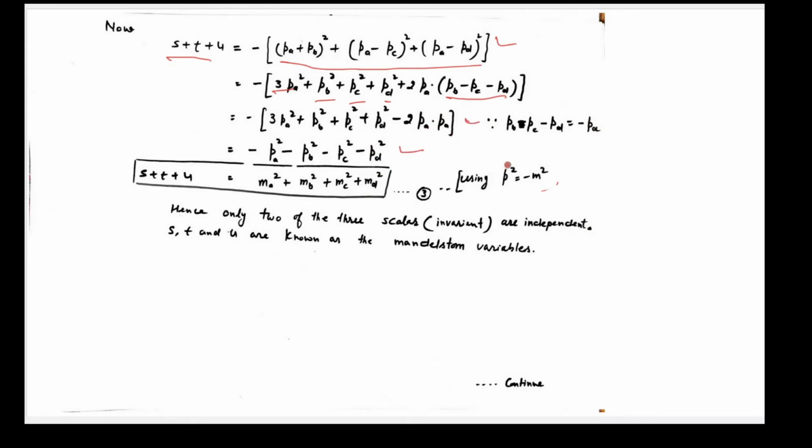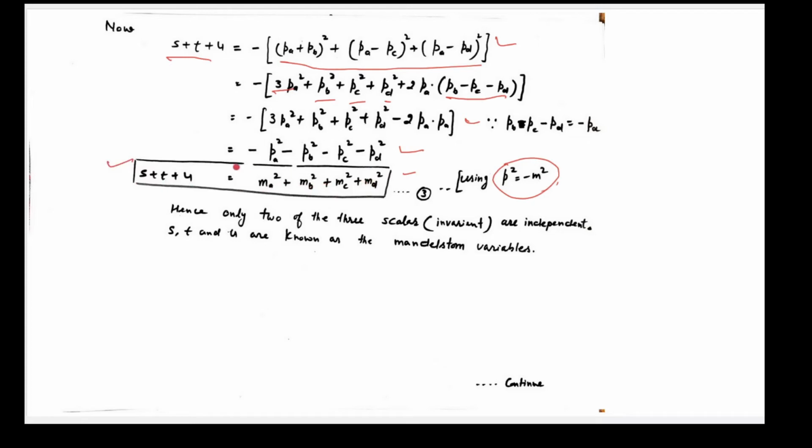Here we use the relation that the four-momentum squared is equal to minus the rest mass squared, where M_A, M_B, M_C and M_D are the rest masses of particles A, B, C and D. So we get the relation S plus T plus U equals M_A squared plus M_B squared plus M_C squared plus M_D squared.